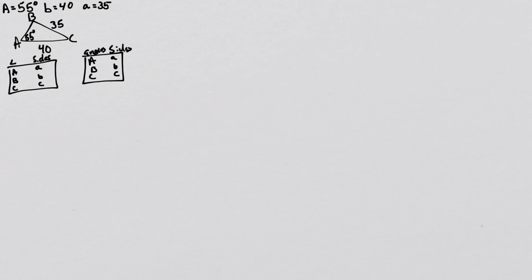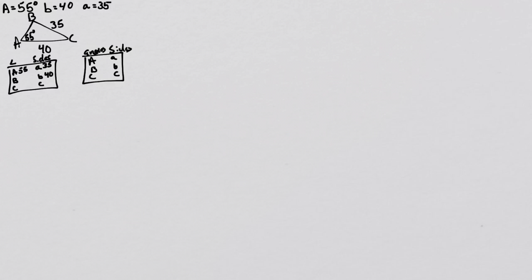And you're just going to fill in the box with what you know. We know that angle A is 55 degrees, side A is 35, and side B is 40. Put that in both boxes because it'll be true for both triangles.